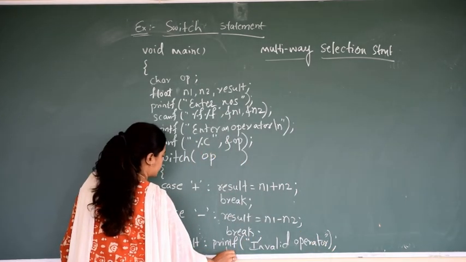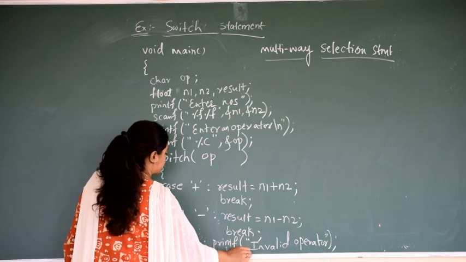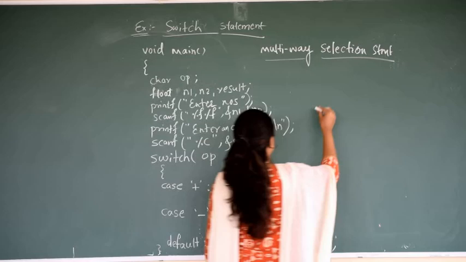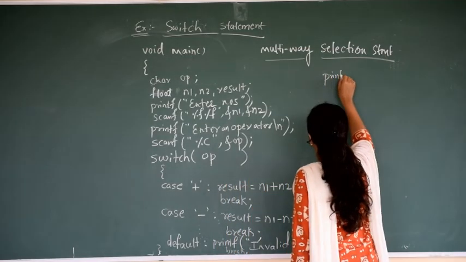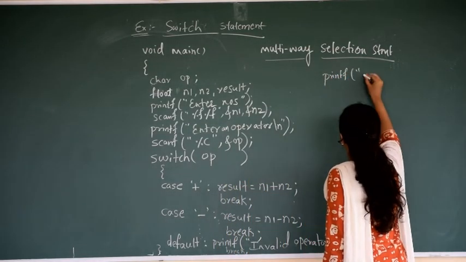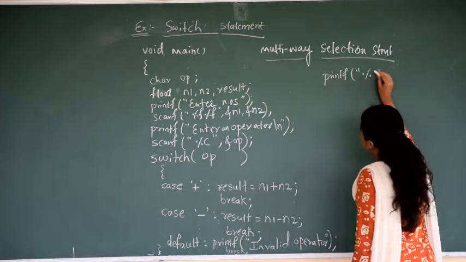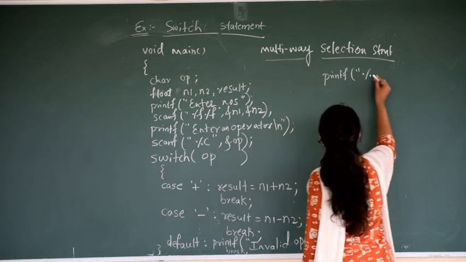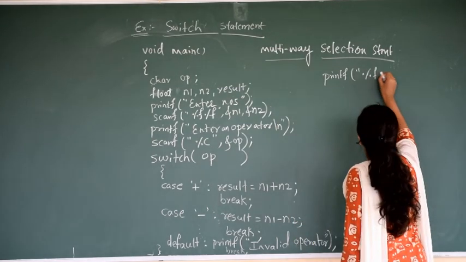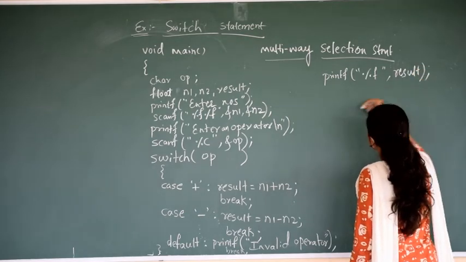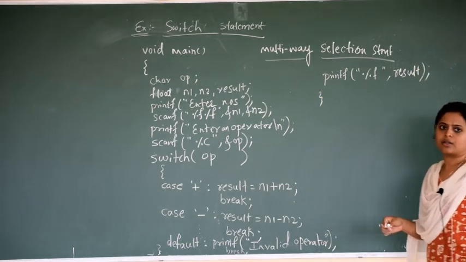And break comes out of the switch statement. After that, using a printf statement, you can print the result on the screen. The result is of type float, so %f comma result. That particular result will be printed on your screen.